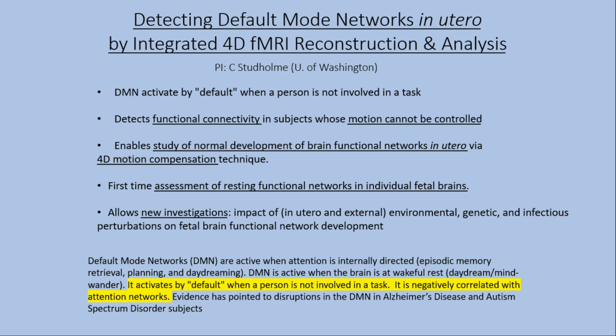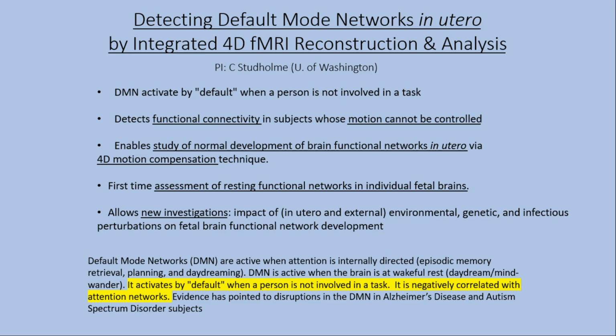So if you're just sitting there and daydreaming, the default mode networks are trying to correct the brain, readjust it so it can work for the rest of the day, sort of. So this technology is made to detect default mode networks in the fetus in utero, and it basically is looking at the functional connectivity of the nerves even as the fetus is moving. I mean, they have to do a lot of motion compensation, but they have.